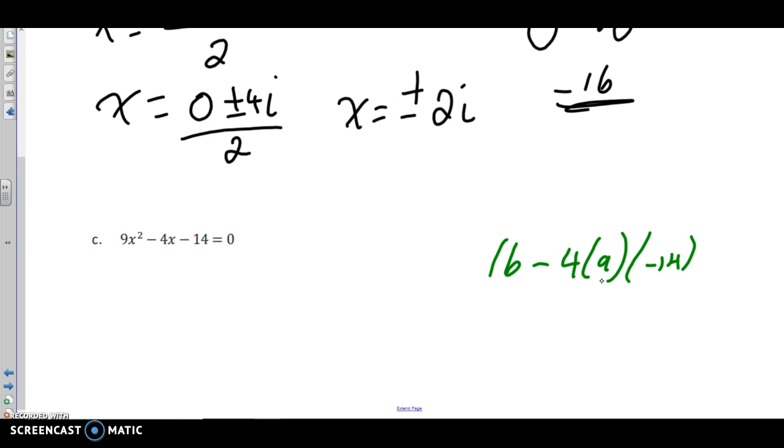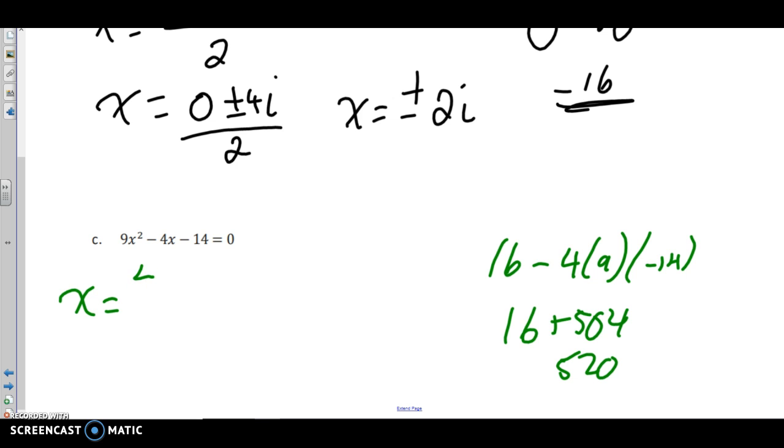So 4 times 9 times 14 is 504. So we have 16 plus 504, which is 520. So I should get two real solutions.